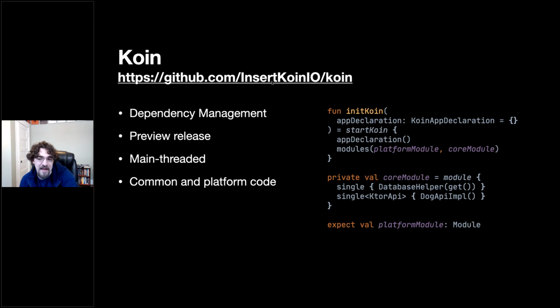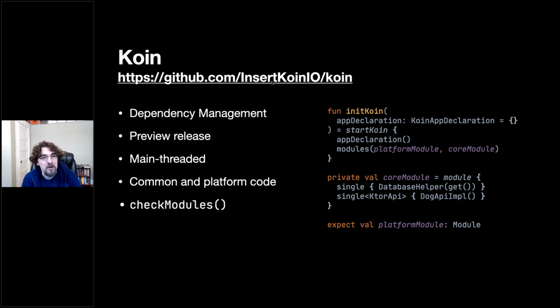We also have an expected platform module, which lets the platform code pass in platform-specific dependencies that Koin needs to have access to. And then we also have this extra app declaration lambda, which lets not just the platform code of the shared library, but also the top-level application pass dependencies in, and that lets us insert Android's application context into the Koin graph.